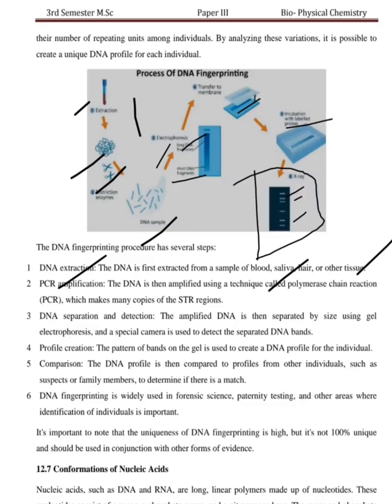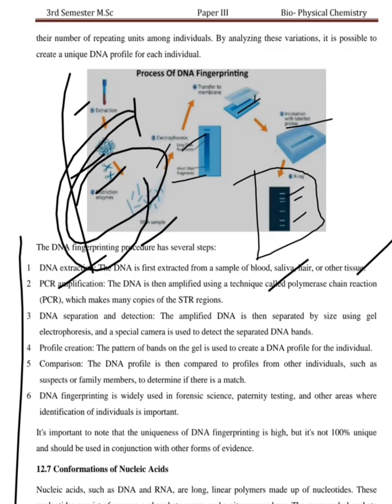DNA is amplified using a technique called polymerase chain reaction, which makes many copies of STR regions. Further separation and detection: the amplified DNA is then separated by size using gel electrophoresis. Each step is given in the explanation, separated by gel electrophoresis and identified using the UV chamber.